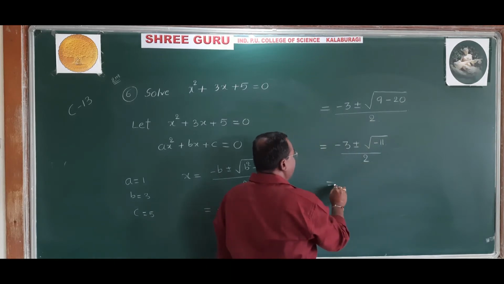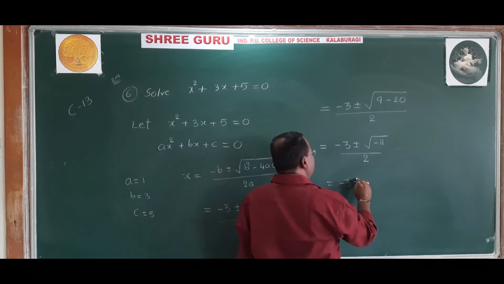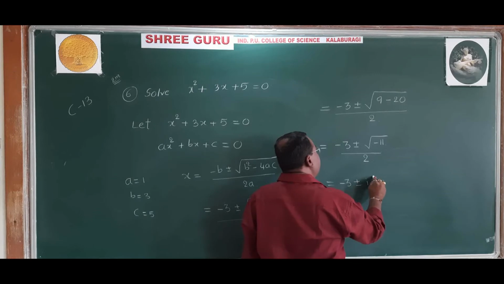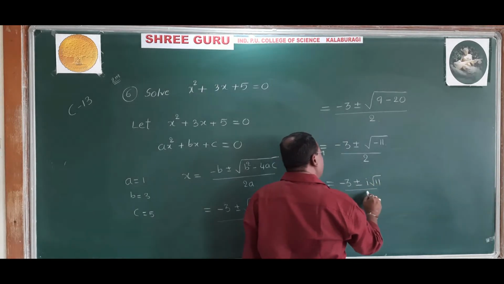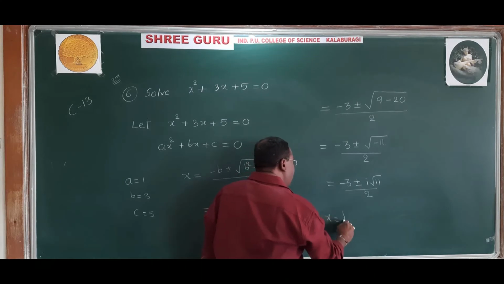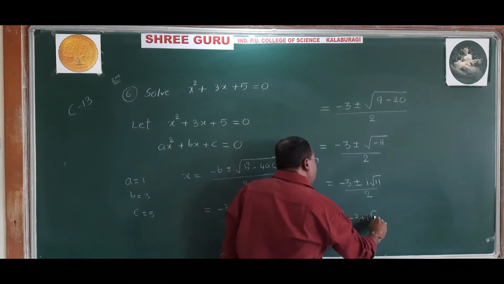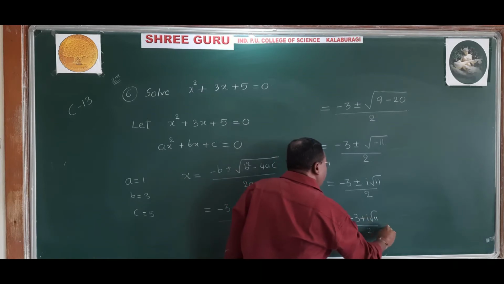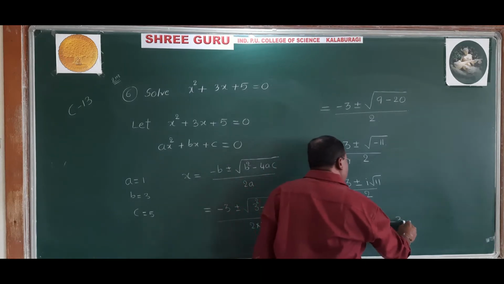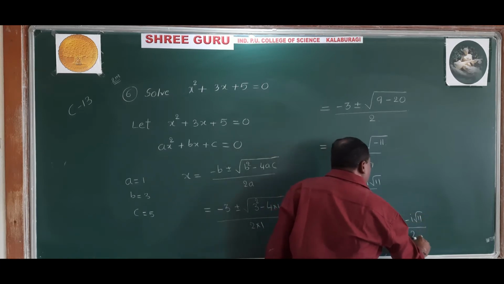Root 11 in the form of what? Here negative outside, plus or minus i times root 11 divided by 2. Therefore, x is equal to 1 positive, 1 negative: minus 3 plus i root 11 divided by 2. Another one, minus 3 minus i root 11 divided by 2.